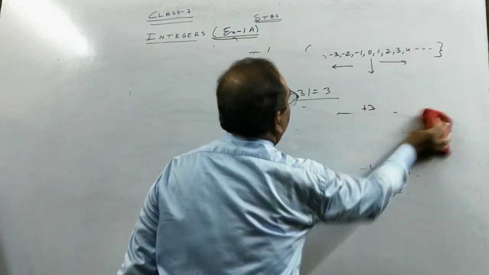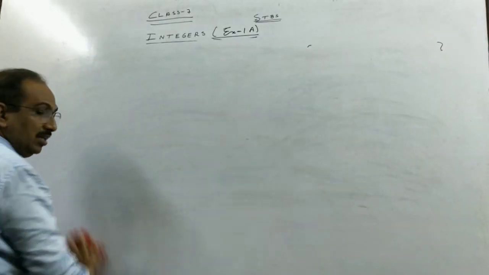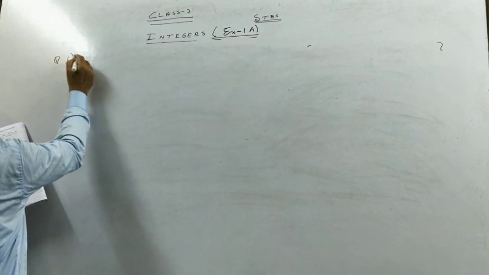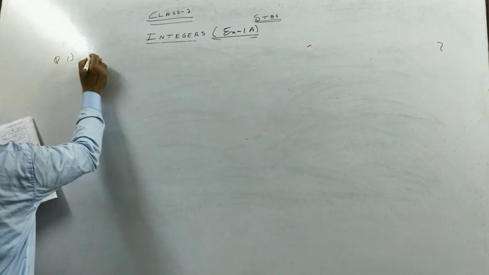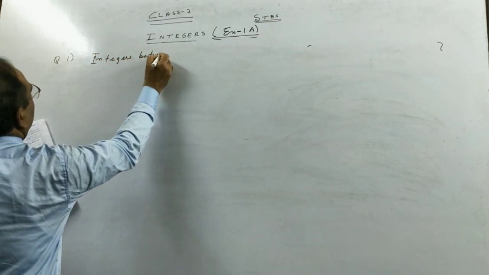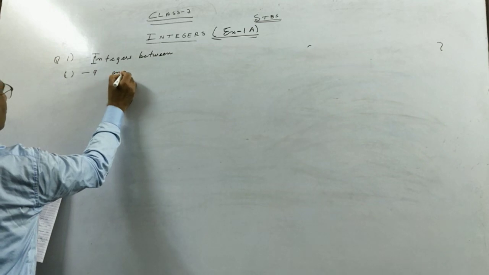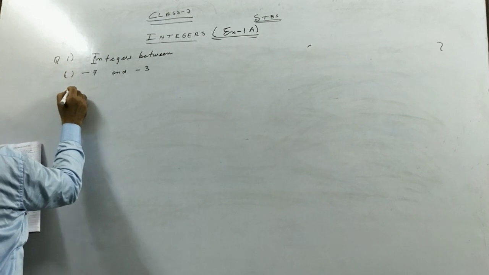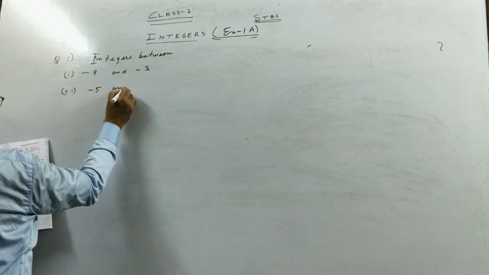The very first sum is to find integers between two given numbers. If you see the first exercise, question 1, write the integers between: minus 9 and minus 3, and minus 5 and 2.